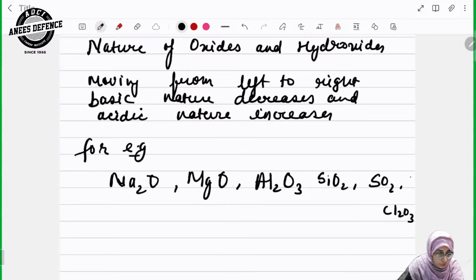So what we are going to discuss here is that on moving from left to right, their basic nature goes on decreasing.